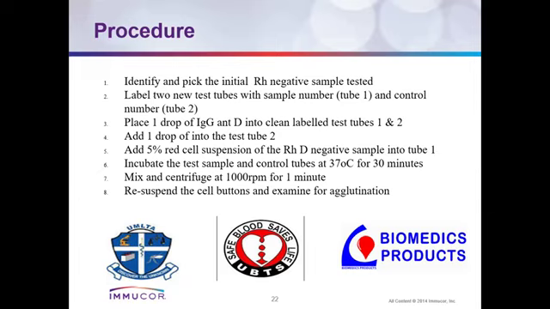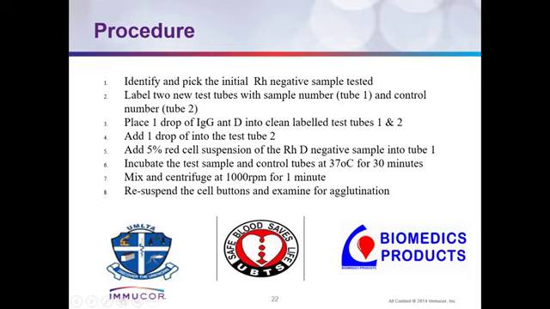Then place 1 drop of the commercially prepared IgG anti-D reagent into clean labeled test tubes 1 and 2. Then add 1 drop into test tube 2. This is for the control, sorry. Number 4 is for control.